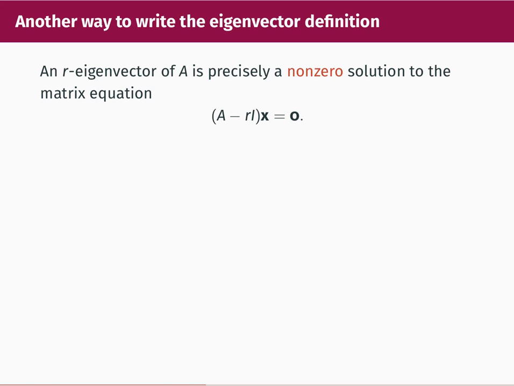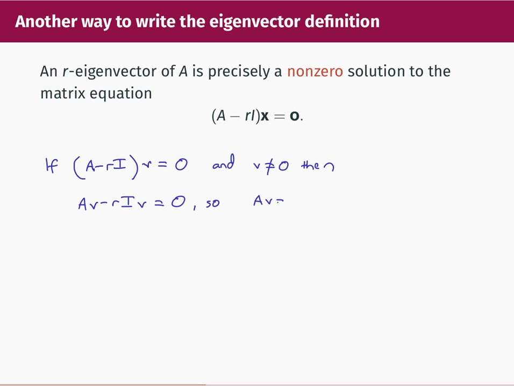The reason for that is that if (A minus RI) times V is equal to the 0 vector, and V is non-zero, well, just expanding this, you get AV minus RIV equals the 0 vector. And so, because I times V is just V again, we can rearrange this to get AV equals RV. So V is an eigenvector, in fact an R eigenvector.